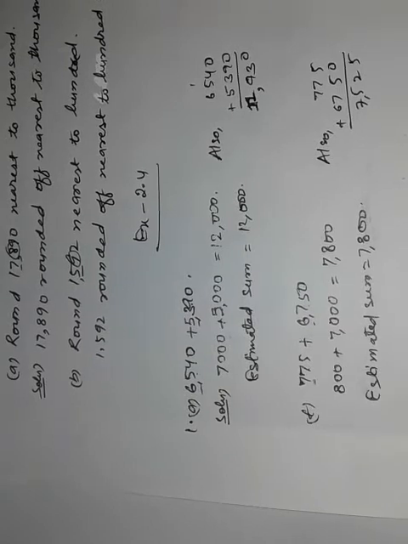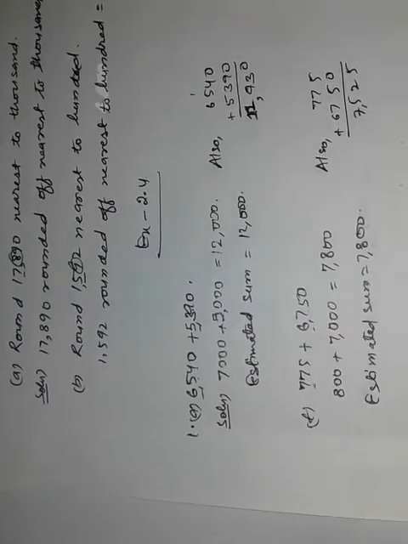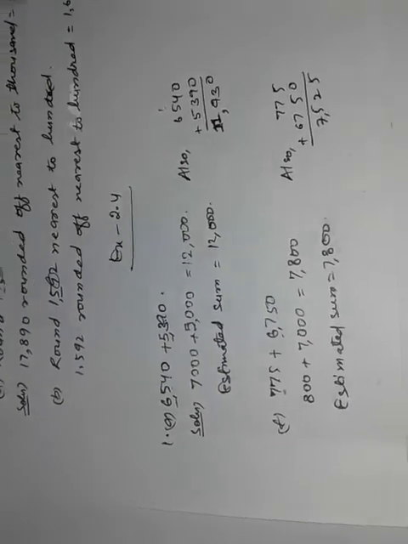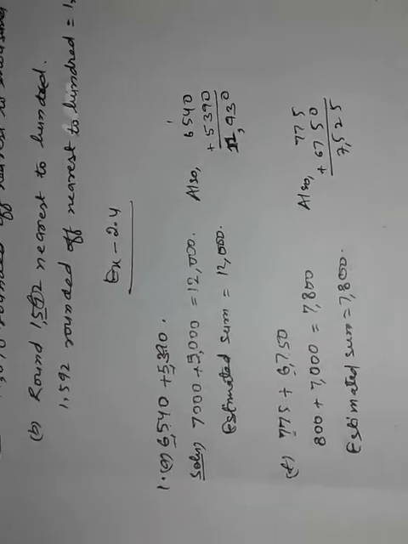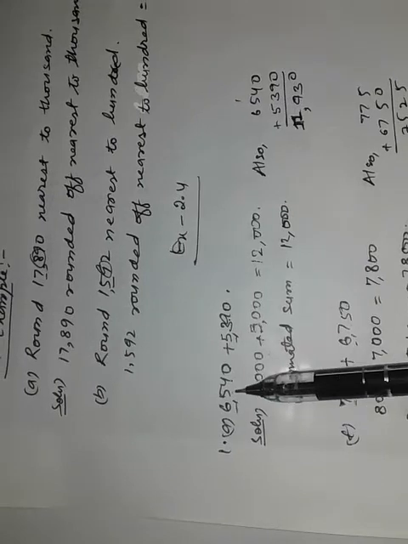In question number 1, we have to round the 4-digit number to the nearest 1000 and the 3-digit number to the nearest 100. In this first question, both numbers are 4-digit numbers, so we round the 4-digit numbers to the nearest 1000. 1 stands at 1000, and 6 is the rounding digit. After it the digit is 5. 5 is equal to 5, meaning rule number 2 we use here.